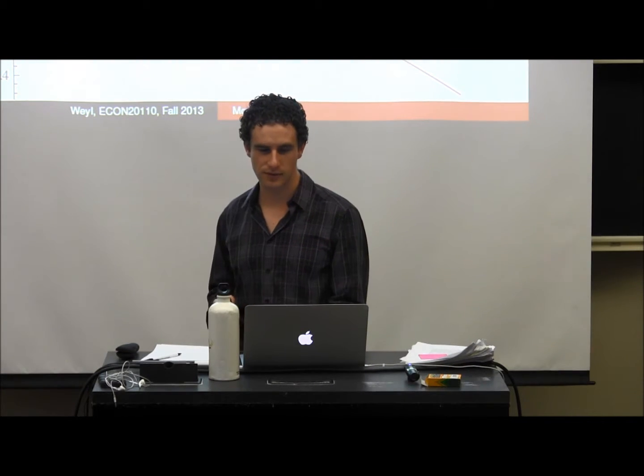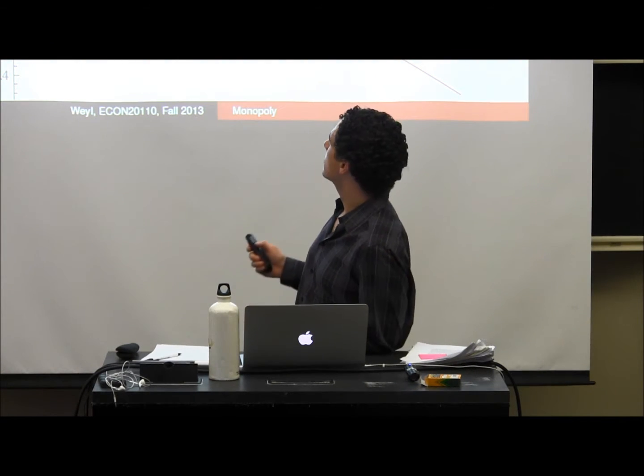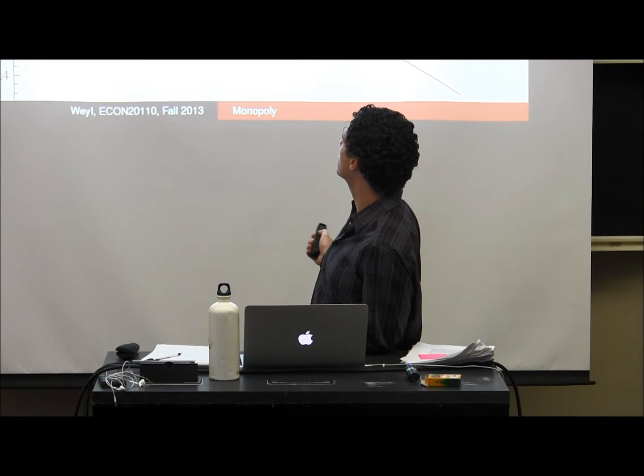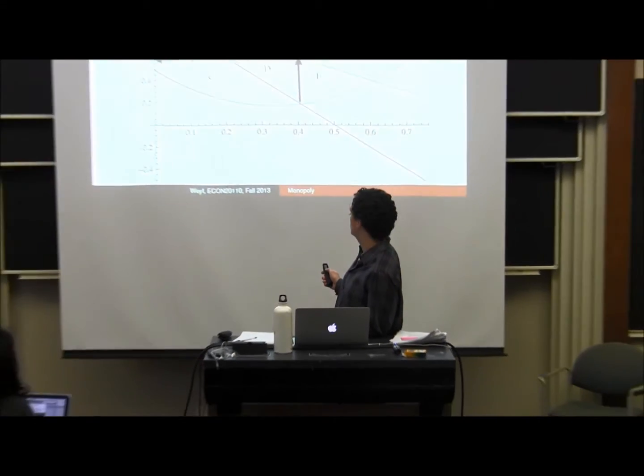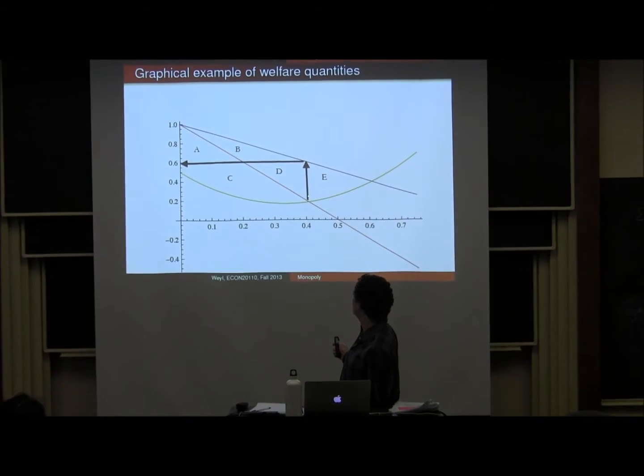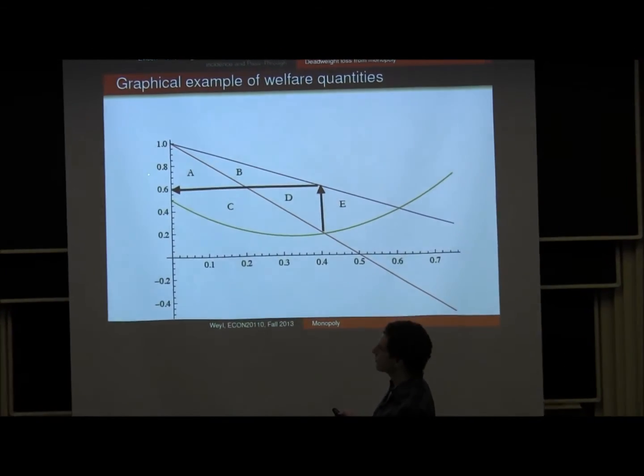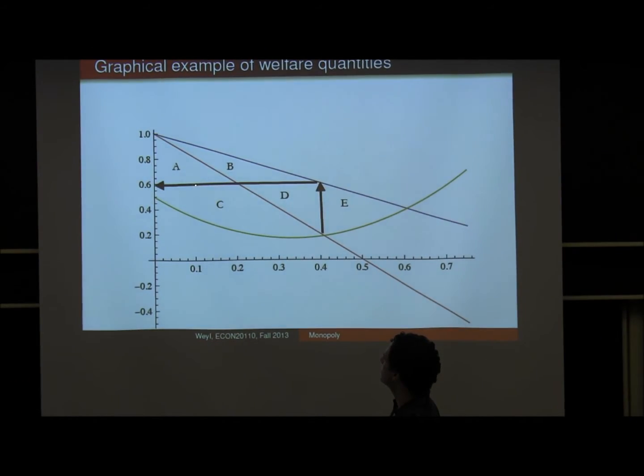Wait, what is each line represent? So this is the demand, this is the marginal revenue, this is the marginal cost. So this is the optimal quantity and the optimal price. So here's profit, the area between price and marginal cost, or profit, the area between marginal revenue and marginal cost. And they're the same by similar triangles.